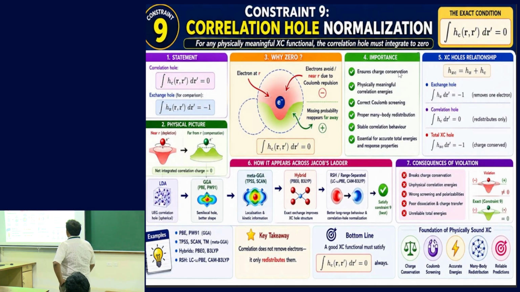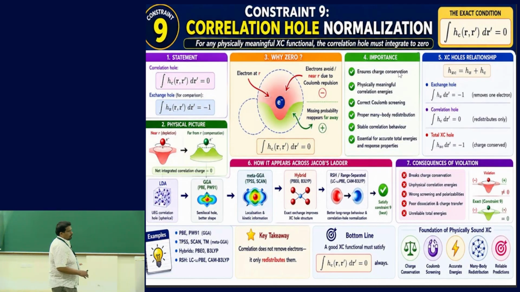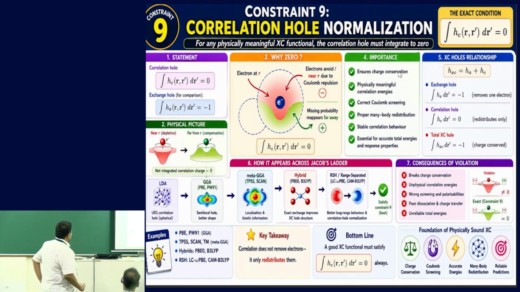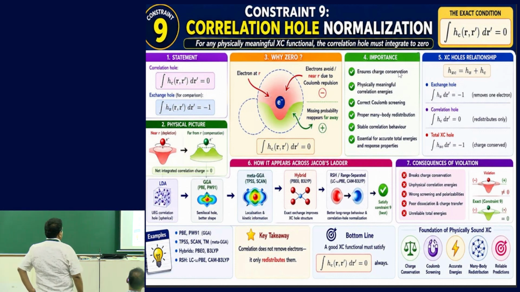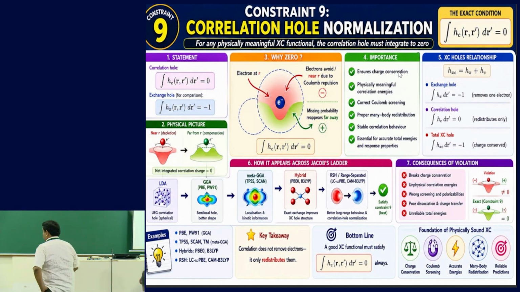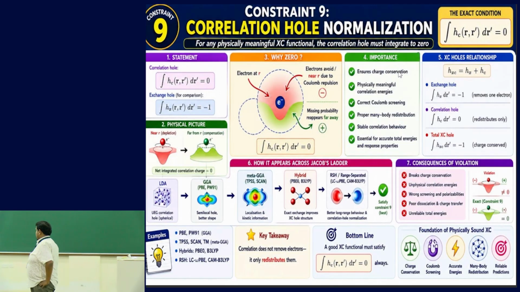So if you look at this, the electron is here, and this red thing is like your exchange hole, and if here some density, there is some depletion, and somewhere there will be accumulation kind of thing. This is another picture for that thing. Okay. I have one more slide on this.